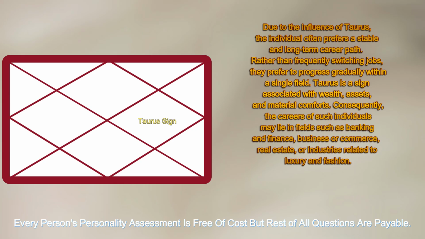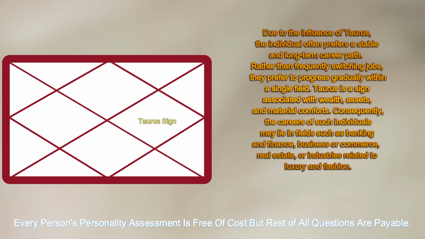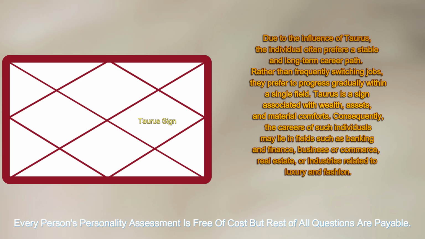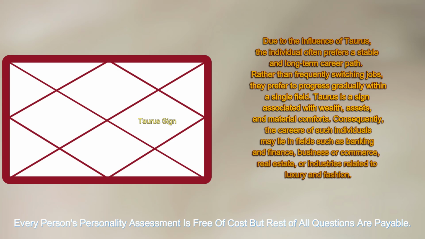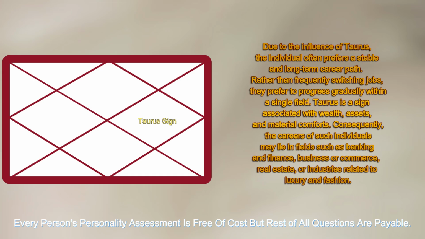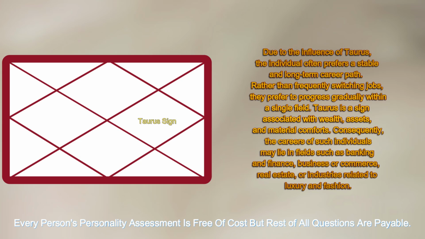Taurus is a sign associated with wealth, assets, and material comforts. Consequently, the careers of such individuals may lie in fields such as banking and finance, business or commerce, real estate, or industries related to luxury and fashion.